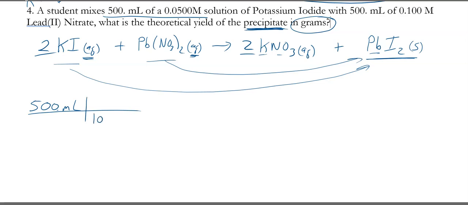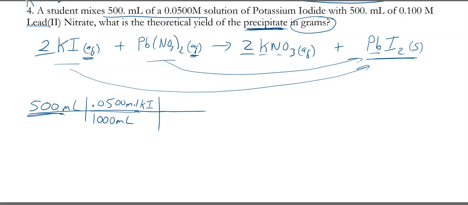So I'm going to put 1,000 milliliters on the bottom and the 0.0500 moles of KI, potassium iodide, on the top. Again, all we're doing here is taking this volume, the 500 milliliters, at the particular concentration and using that as a conversion factor to find out how many moles of potassium iodide are dissolved in that 500 milliliters of solution. But we can't stop there.